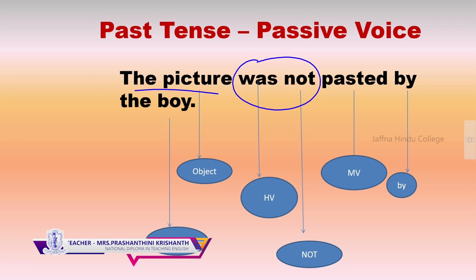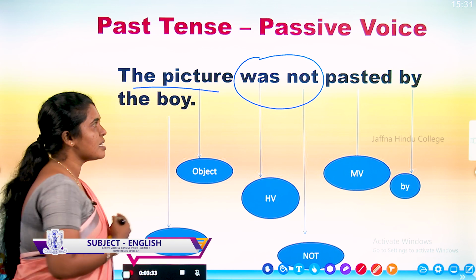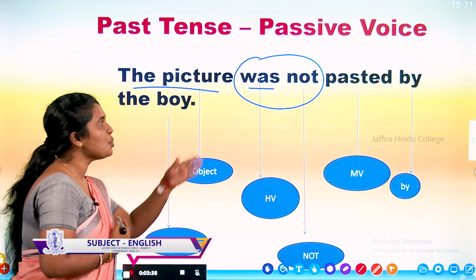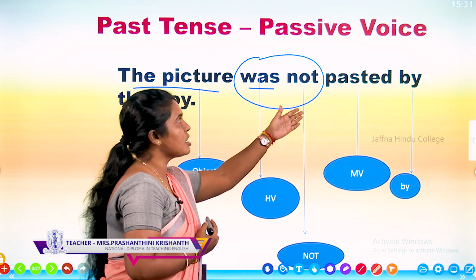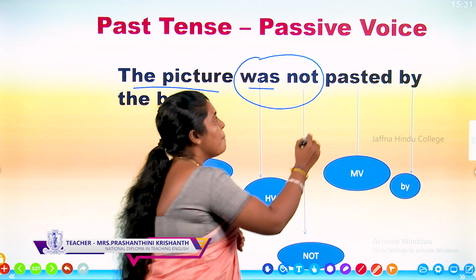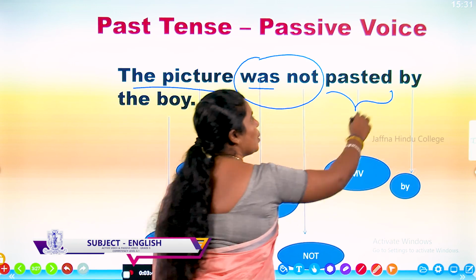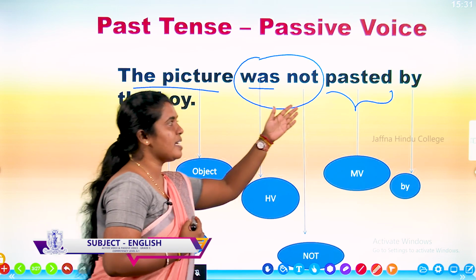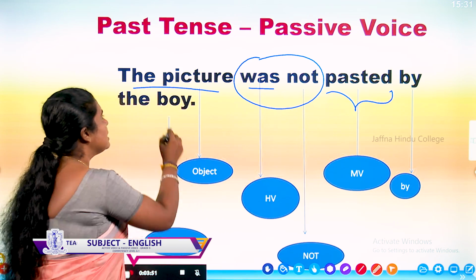Why are we using wasn't here? Because the picture is singular. So we have to choose was, not, because this is negative passive. So wasn't pasted. Okay, the past participle form of paste is pasted, by the boy.